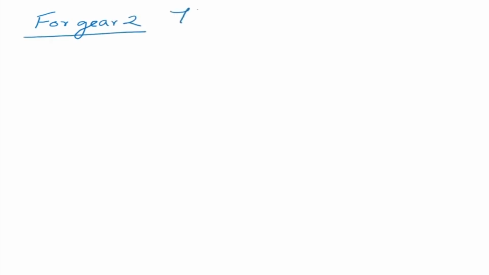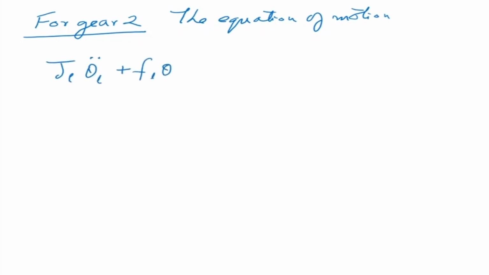So for gear 2, the equation of motion is given by JL theta L double dot plus FL into theta L dot is equal to the torque on gear 2 plus the torque due to the link.